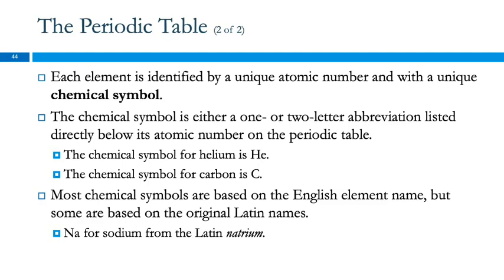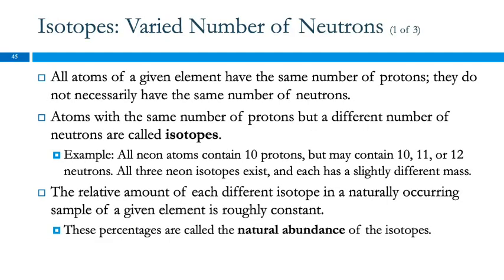So some of the elements have symbols that don't seem to make sense, but if you dig deep, they do. You also get into some confusing things when you have multiple elements that start with the same first 2 letters. And so then you go with the first letter and the third letter or things like that.